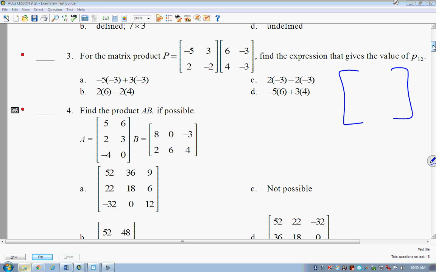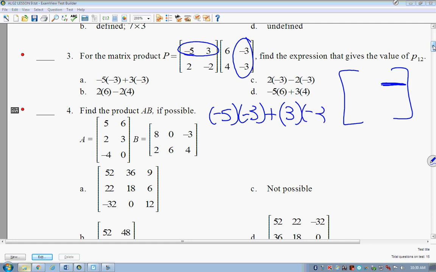So that's first row, second column, all right, so that would be this position right here. So negative 5 times negative 3, plus 3 times negative 3.